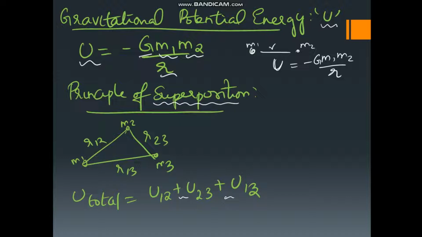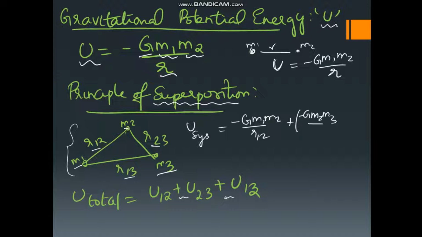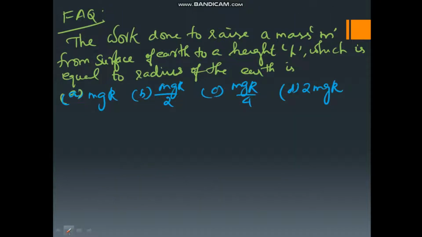Suppose you assume a system like this, masses m1, m2 and m3 are at the three corners of a triangle and each pair is separated by some distance, then the potential energy of the system is given as the potential energy between mass m1 and m2, that is minus G m1 m2 divided by r12, plus minus G m2 m3 divided by r23, plus minus G m3 m1 divided by r13. So we must remember that potential energy follows the rules of superposition.